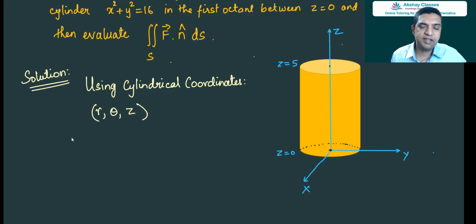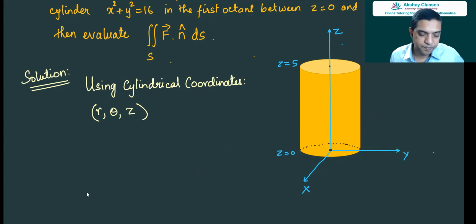When you include Z, this is cylindrical coordinates. It goes around a circle. At any given point in space, R represents the distance from the Z axis. Theta is the angle made with the x axis. R is the distance and Z is the height of the point on top.